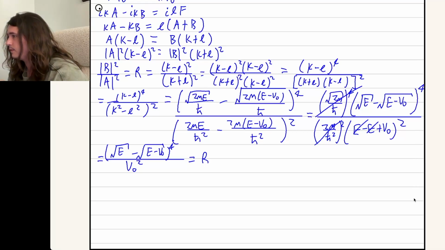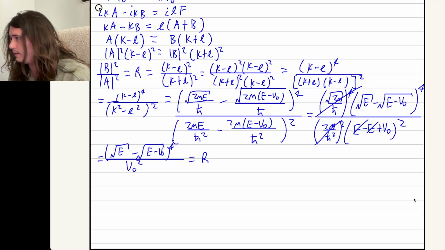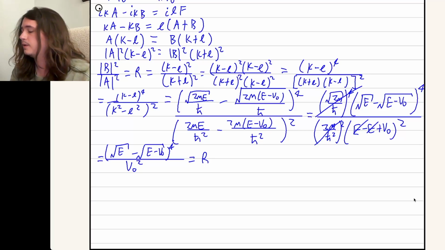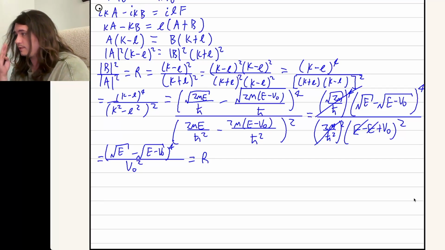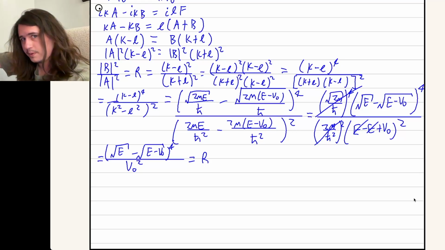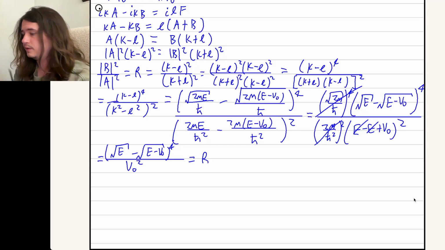Because the next thing we're going to do is calculate the transmission coefficient. And it's a weird one because the transmission coefficient is not just going to be F squared over A squared like usual, because there isn't a drop-off of the potential on the right-hand side.